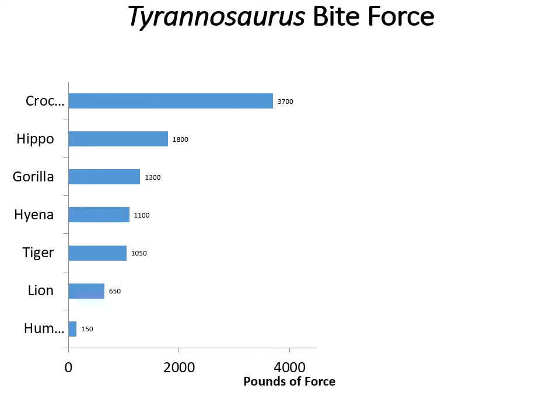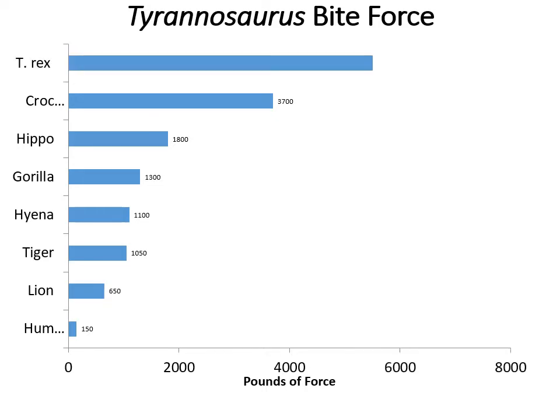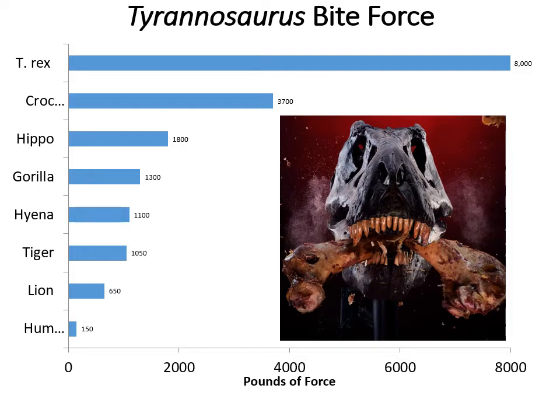When paleontologists have gone into the lab and have replicated some of the bites that they think T-Rex could have made, we find that T-Rex had a bite force of about 8,000 pounds, which means it could pretty much crush and pulverize bone very, very easily.